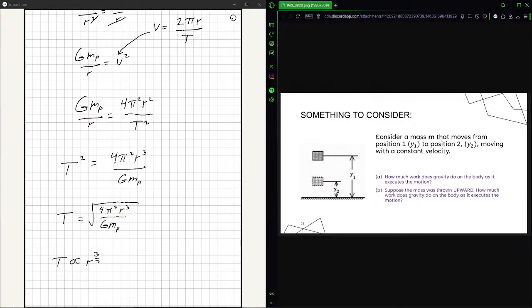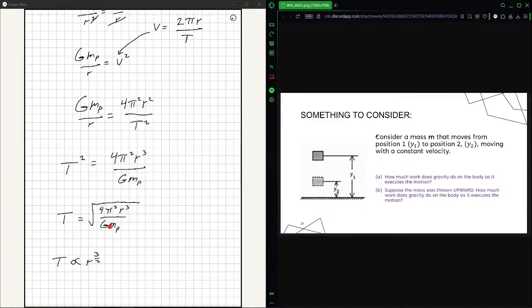Basically, from this equation, this is a constant, this is a constant, this is a constant, this is a constant. So it's the square root of a bunch of constants times r cubed, because we moved this r up to this side and cross multiplied.